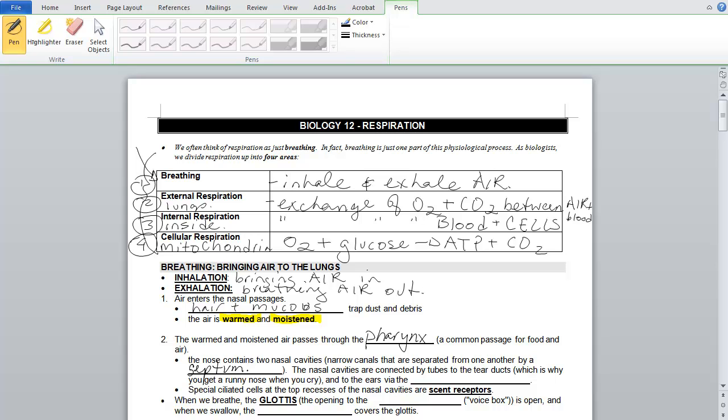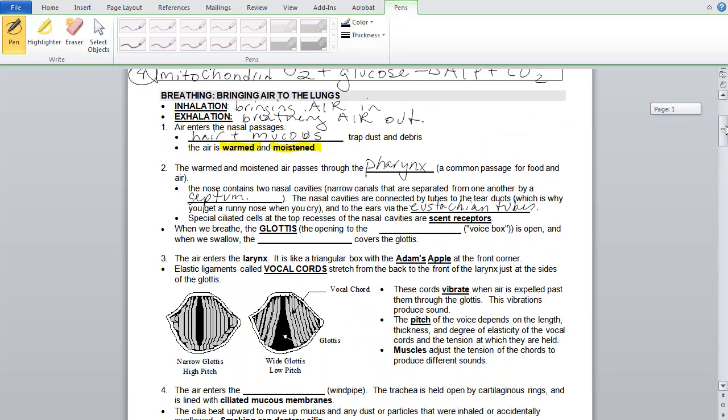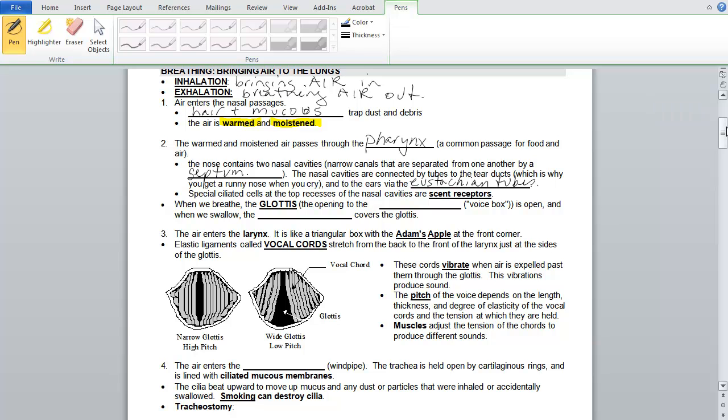And they also connect to the ear through the eustachian tubes. Special ciliated cells at the top are where we pick up scents, so chemoreceptors.